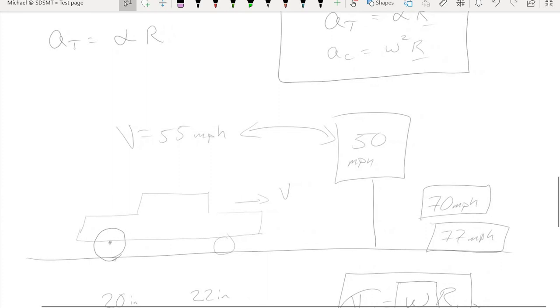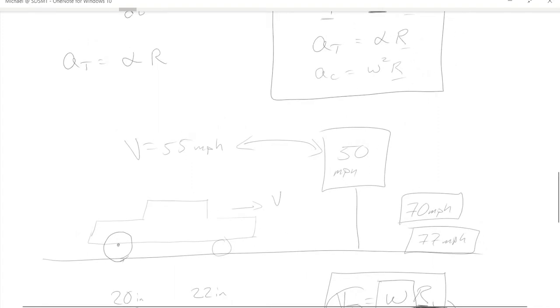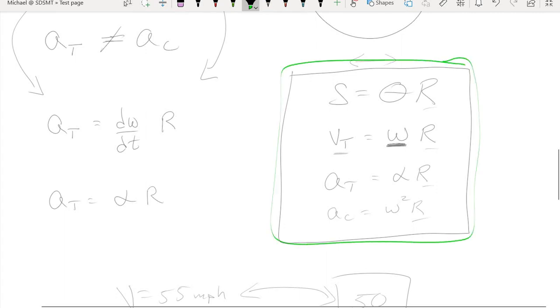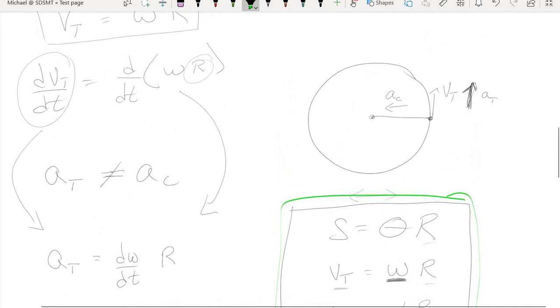Okay, so that's more than enough for the first video here for the angular motion. This brings us basically to the conclusion of the Chapter 2 material on kinematics, but we've also introduced some additional material specifically on how to convert back and forth between the linear and the angular stuff.